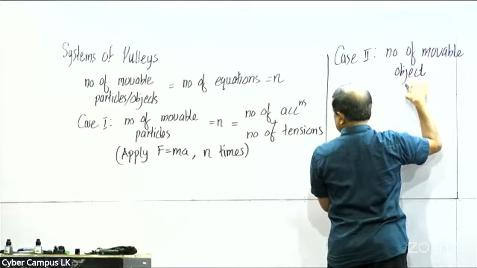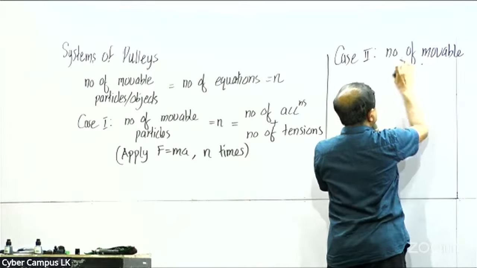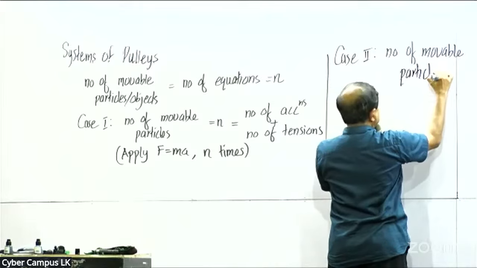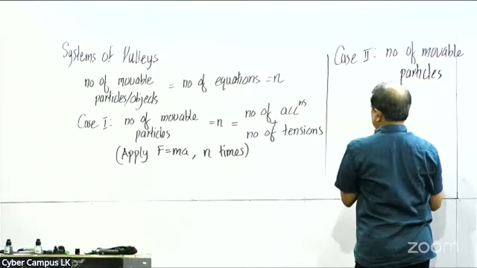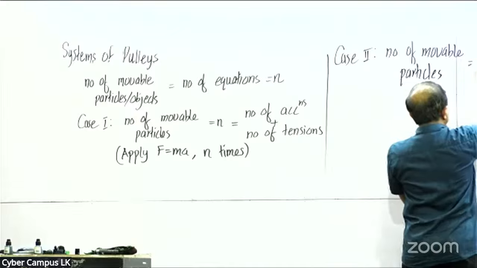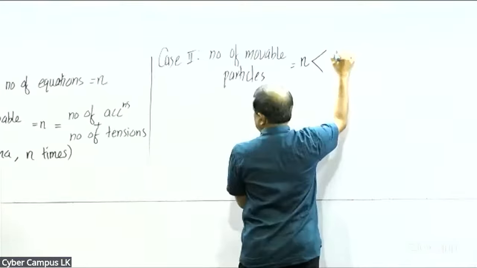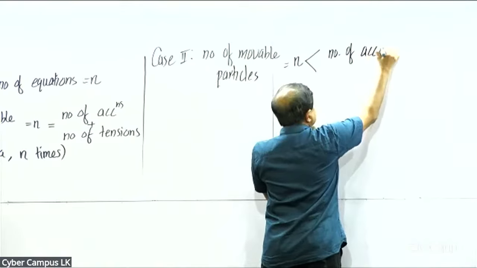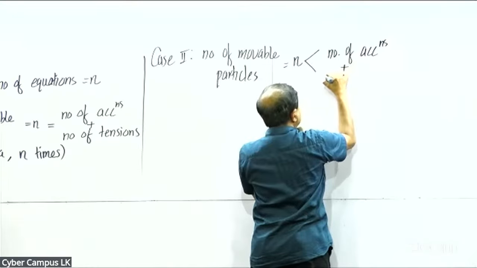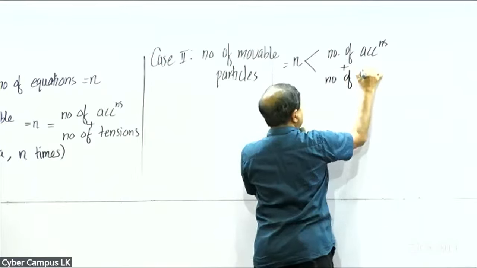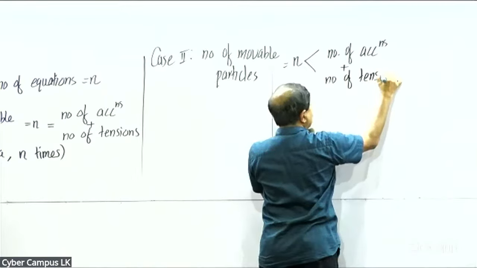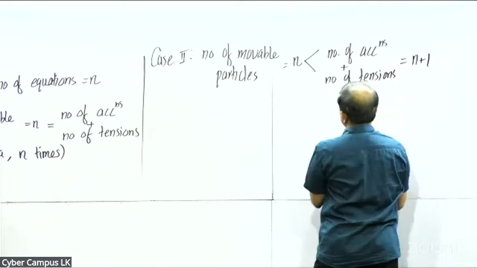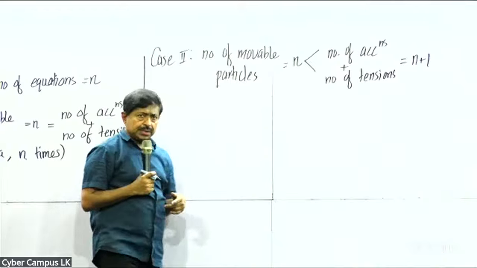You get something like this because the particles or objects are equal to n. N is the number of equations. Here, the variables, if this is n plus 1, then we are short of one equation.